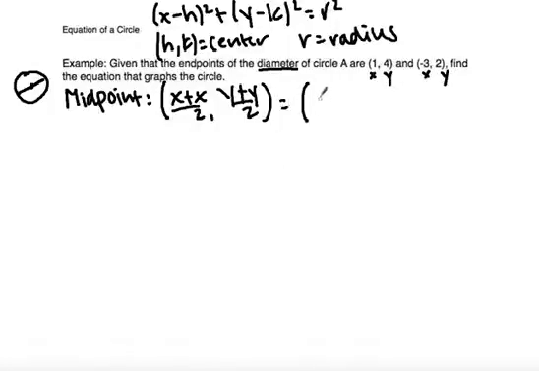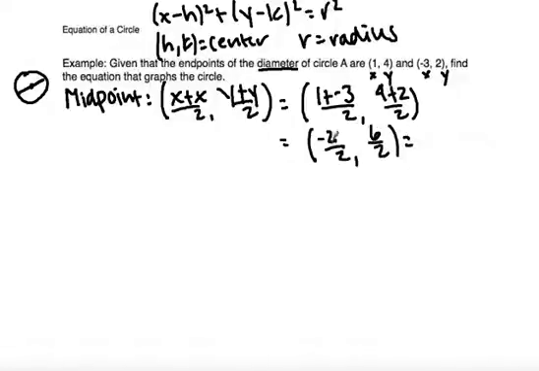So when you plug that in, you're going to have (1 + -3)/2 and (4 + 2)/2. 1 plus -3 gives you -2 over 2, and 4 plus 2 gives you 6 over 2. -2 divided by 2 would give you -1, and 6 divided by 2 would give you positive 3. So your midpoint of your diameter would be at (-1, 3), which means that this is your center. So your h would be -1, your k would be 3.